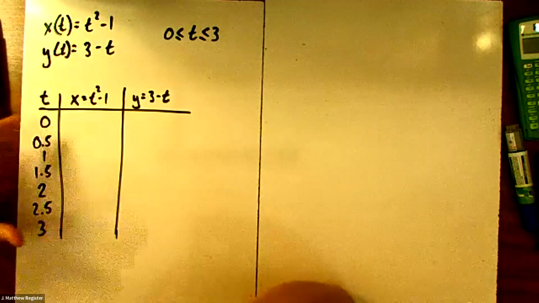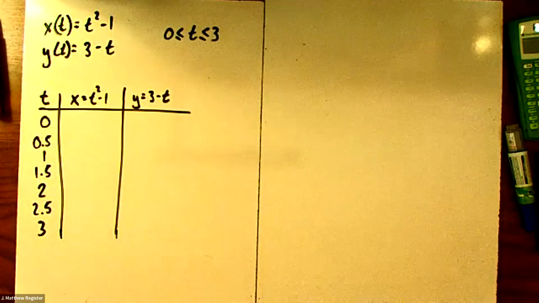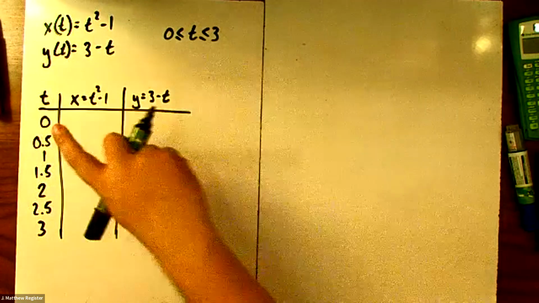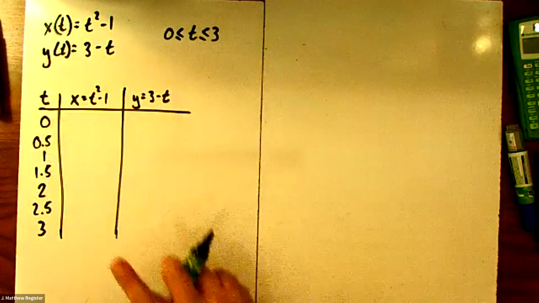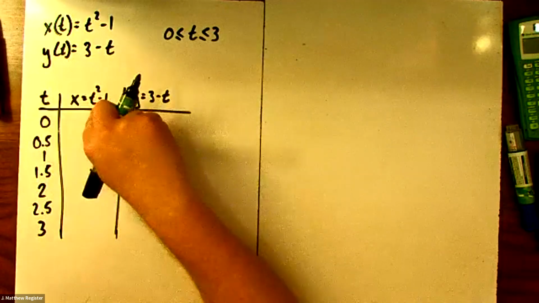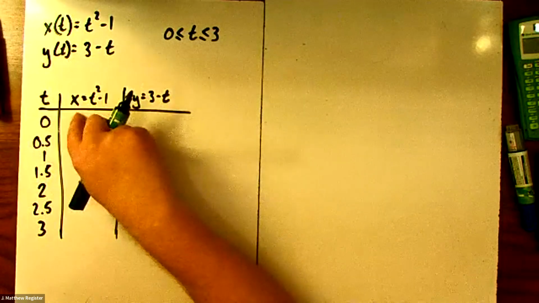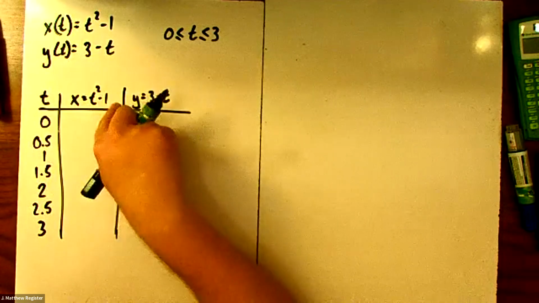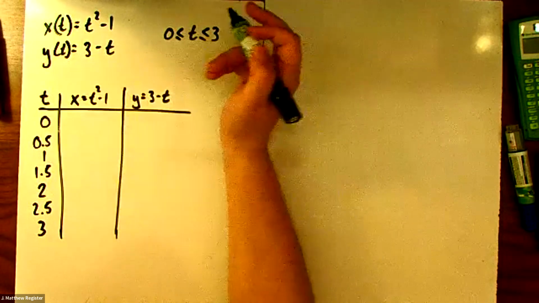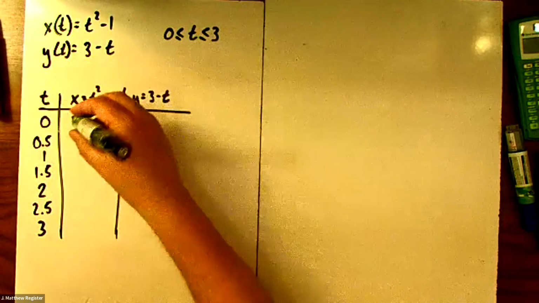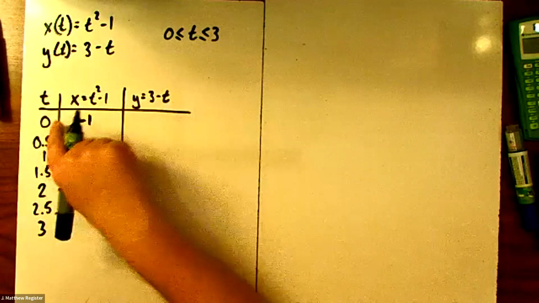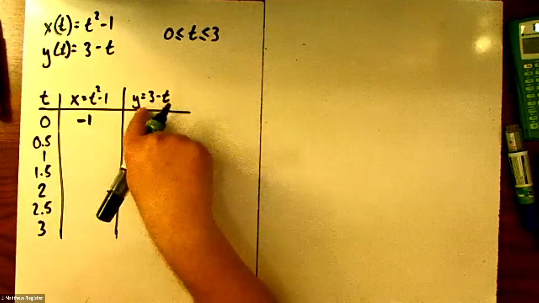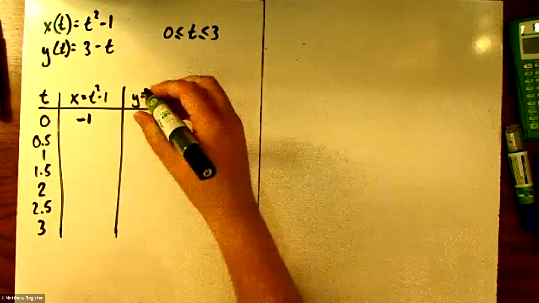But this should give us a really good idea of what the graph looks like. So now we just have to plug these values into each of these equations. For 0, if we plug 0 in for t, x will be equal to 0 squared minus 1, which is negative 1. If we plug 0 into this one, y is equal to 3 minus 0, which is 3.